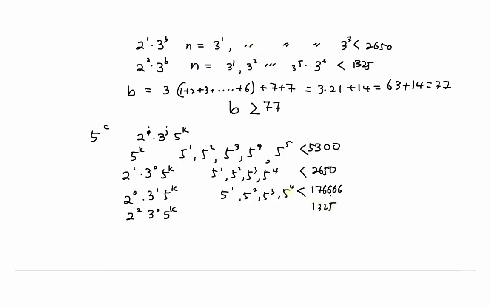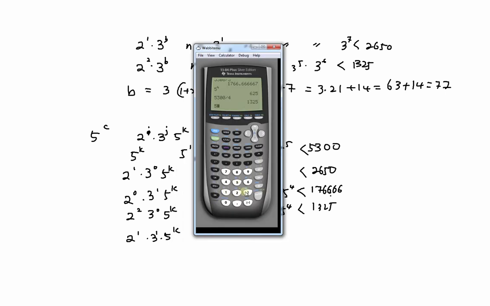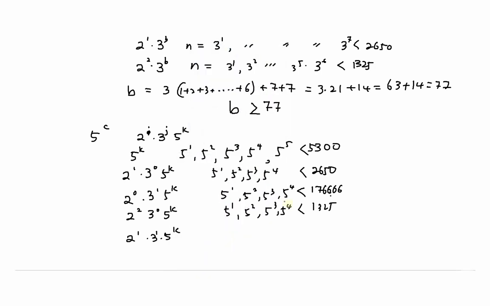Okay, I can still go up to 625, so it takes 1, 2, 3, 4. Alright, so another small number we can form is 2 to the 1st, 3 to the 1st, because that makes it 6, and then 5 to the k. Now if you divide by 6 on both sides, you're gonna get 5300 divided by 6, you get 883. That still takes the 625, so it's gonna be the same again.